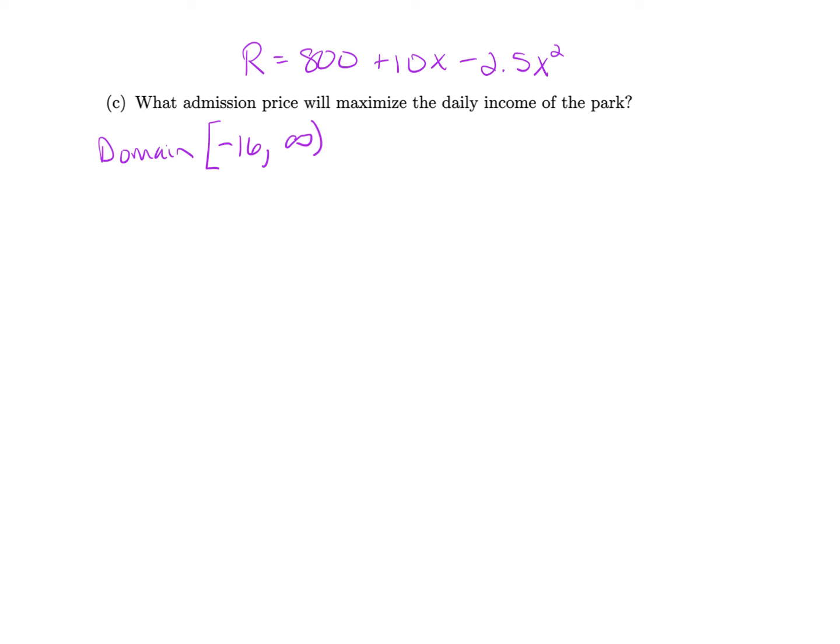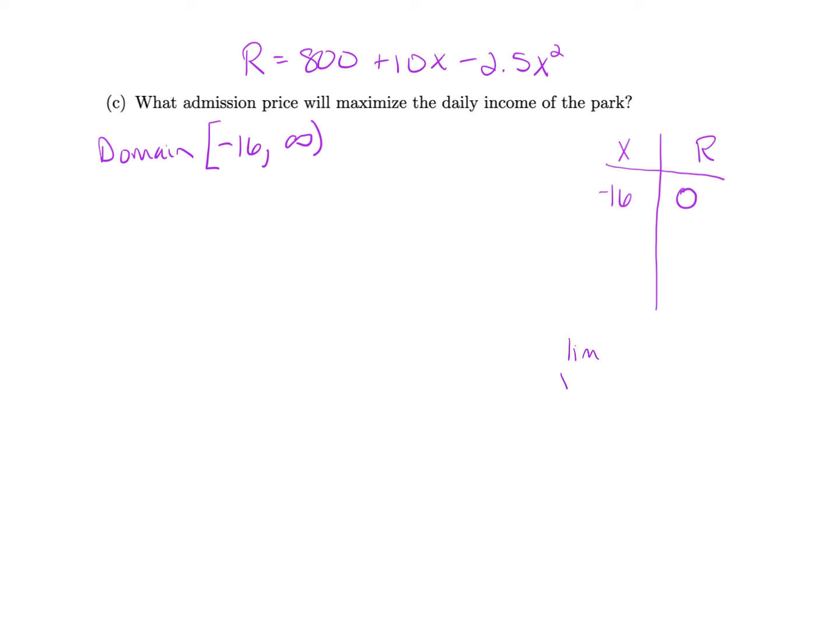Our standard approach here is that we make a little table and we put the endpoints in. Negative 16 would give me a revenue of 0, because that would mean that the admission price is $0, which means we get no revenue. We might have a lot of visitors, but they're not paying anything. And then I can't put infinity in here because infinity is not really a number, but I can think about what happens to revenue as x approaches infinity.